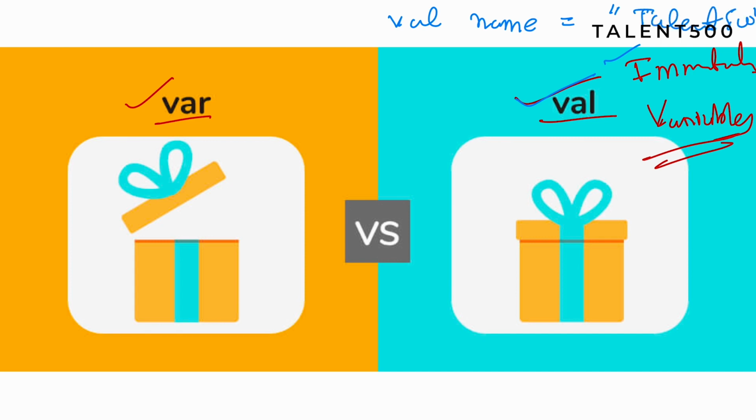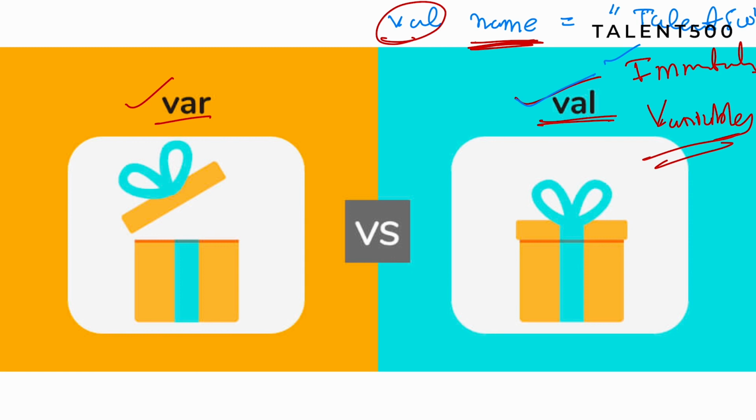In this case, because I am using the val keyword, I won't be able to change the value of this variable name. Perfect. So immutable variables are also known as read-only variables. They are declared using the val keyword, and once declared, we cannot change their value.